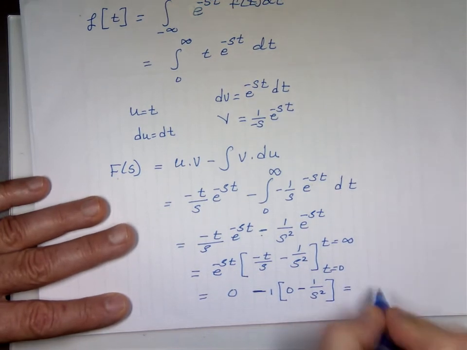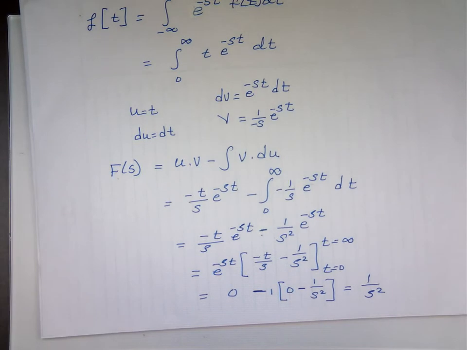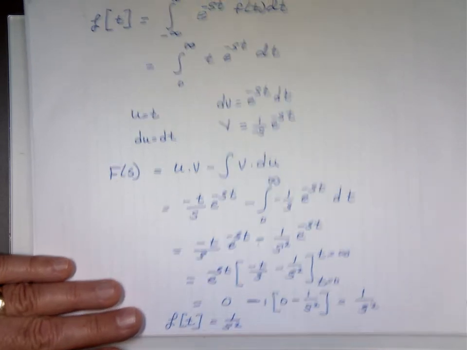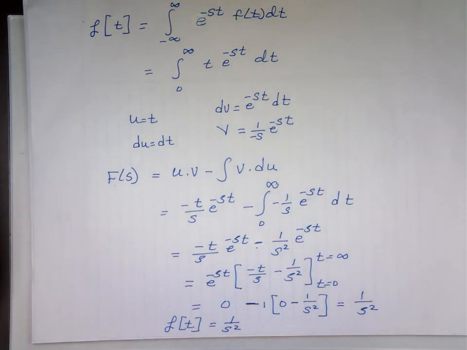What do we have? 1 over s squared. So the Laplace of t is equal to 1 over s squared. And you can actually try the Laplace of sine, cosine, tangent, all these functions that we use. We usually have a table that has all these values in them, the Laplace of them.